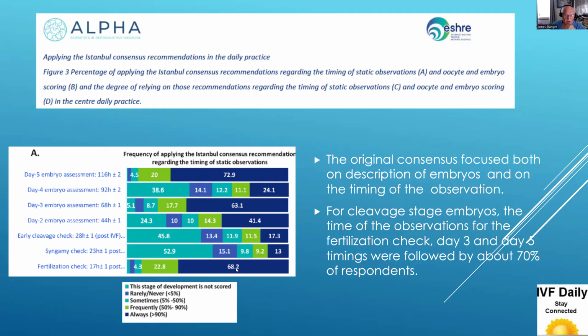And you can see that by and large, about 70% use these recommendations for timing of assessment, for both the critical ones at day 1, day 3, day 5, but for all the other times there are people that just haven't been that interested.